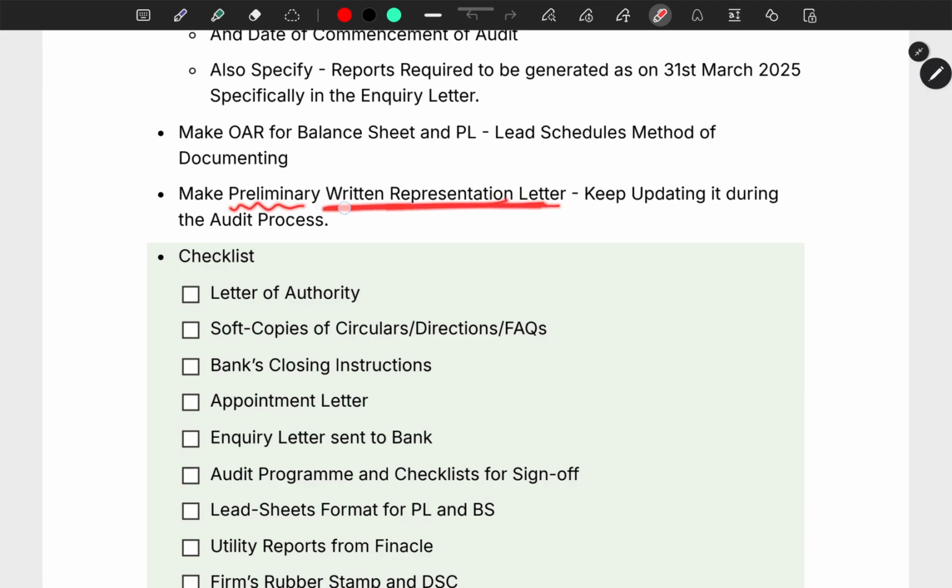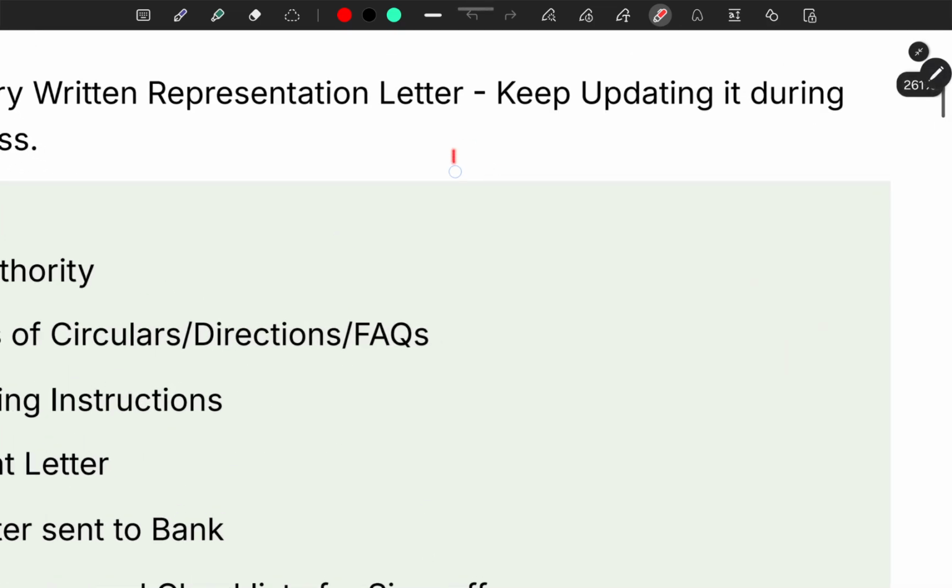Why am I emphasizing this? This is very important, and you need to keep updating it during the audit process, because you may forget what is to be taken as a representation when you are making the MRL at the end. We'll talk about MRLs later as well, but the whole idea is that the MRL will not protect you; it is not sufficient appropriate audit evidence.